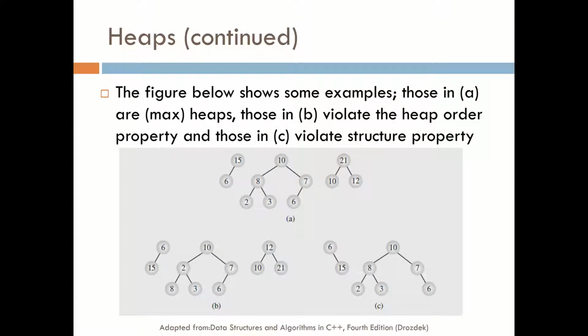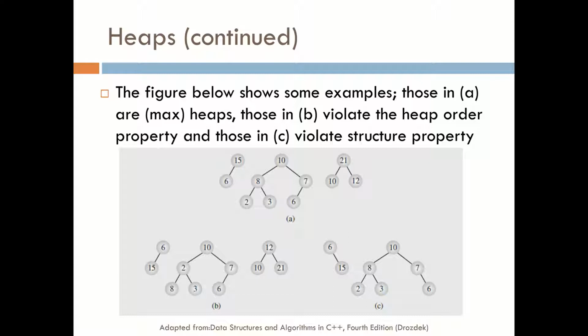Now let's take a look at some figures and try to determine whether these are heaps or whether they violate one property or the other. So we're looking at these from the perspective of a max heap, and we can see that everything under A is in fact a max heap.